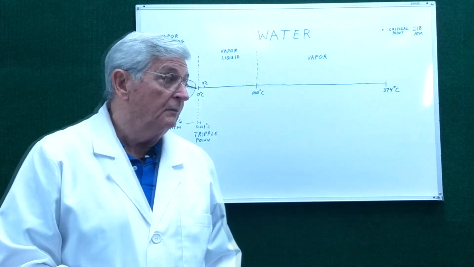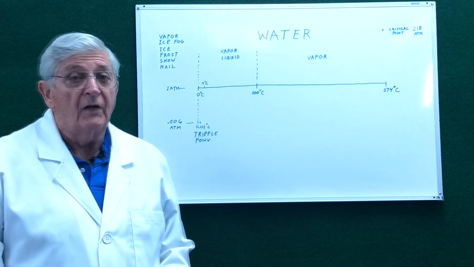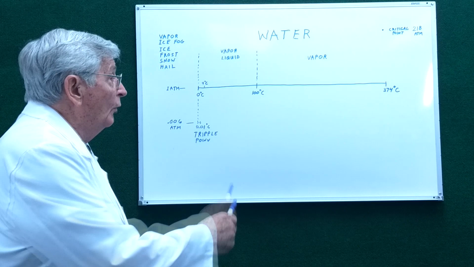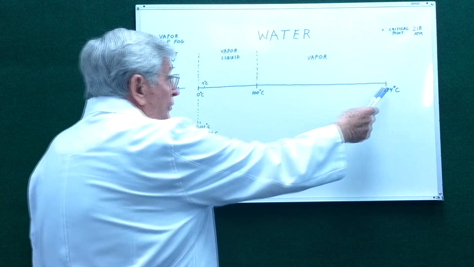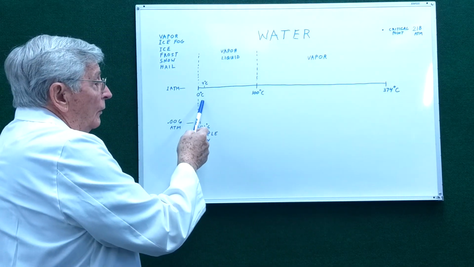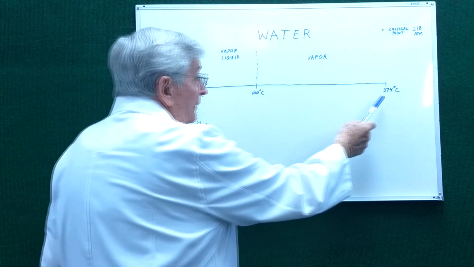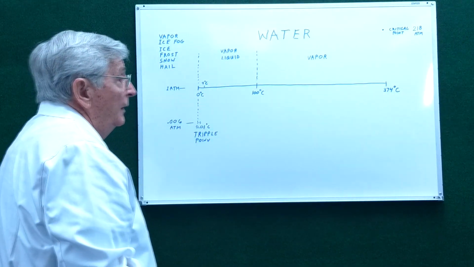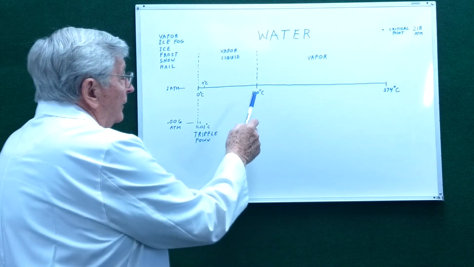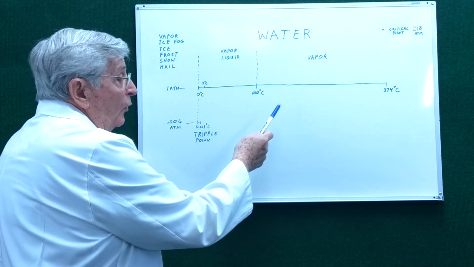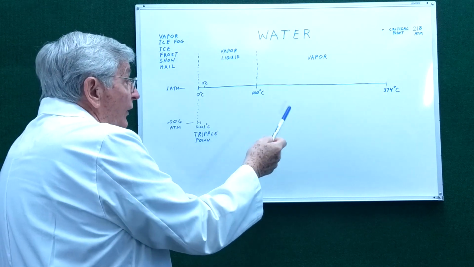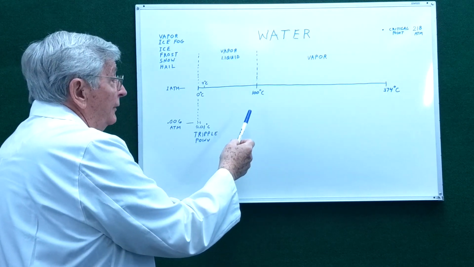Okay, here we have some interesting facts about water. And what we have here is a temperature scale going from 0 degrees C to 374 degrees C. And there's several other interesting points on here where interesting things happen to water.